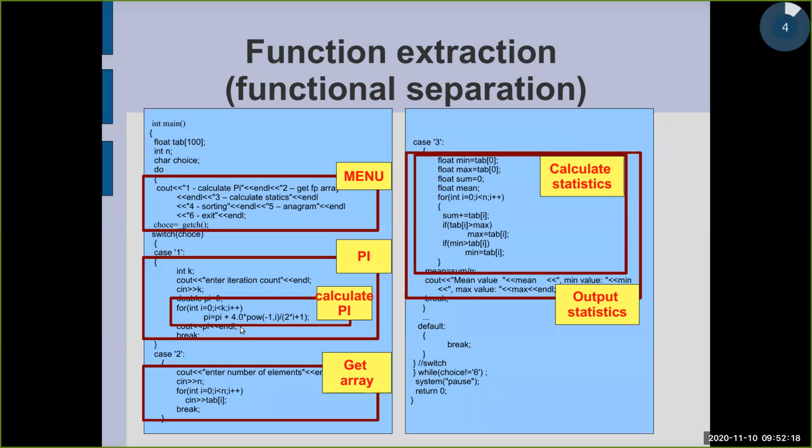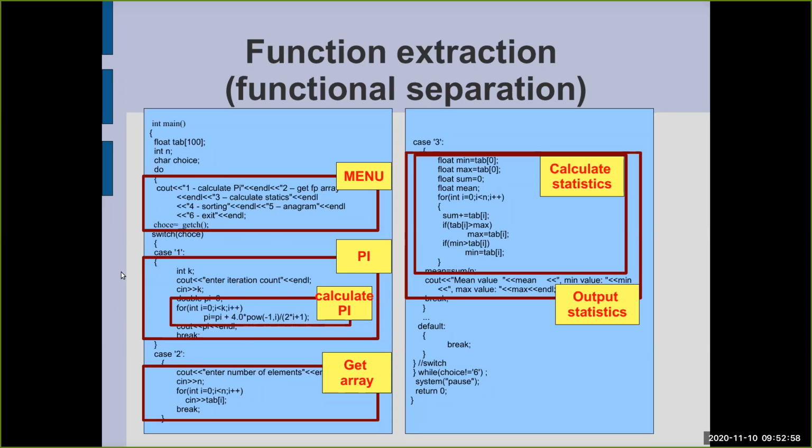Okay, so let's analyze this code. In the refactorization process, we try to extract blocks of code which perform a single action. So in this code, we can distinguish several blocks. The first is the menu. Here we have code which prints values on the screen and gets the user choice.